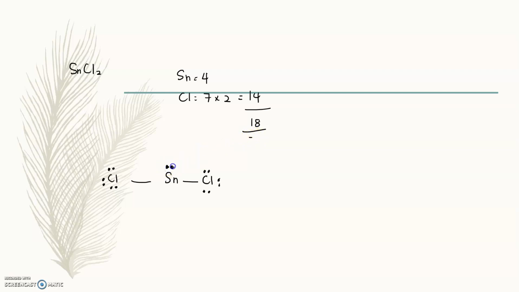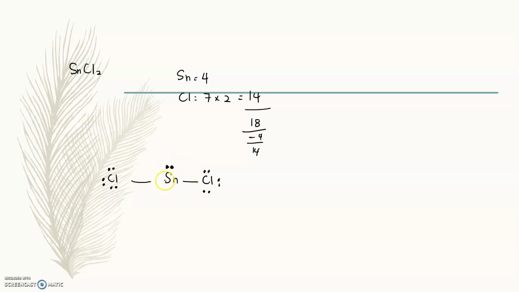Then 2 non-bonding electrons are left and we put them on the central atom. 18 minus the bonding electrons 4 is 14, and then 12 on both chlorine atoms, leaving 2 on the central atom.